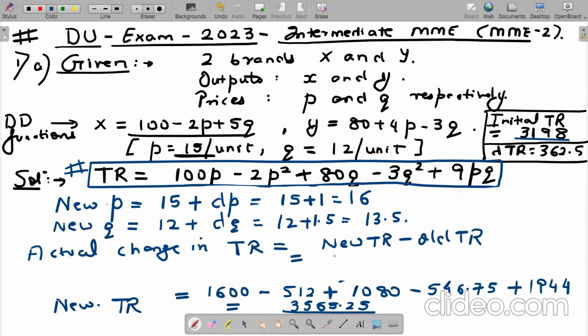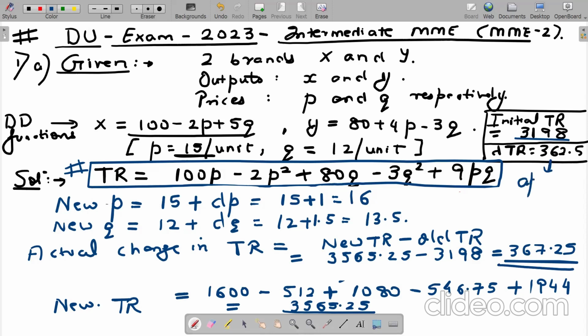The new total revenue is 3565.25. The old, or I can say the initial total revenue, is 3198. The difference between them is 367.25. Again, students can verify this figure using your calculators. So the actual change in total revenue is this much.